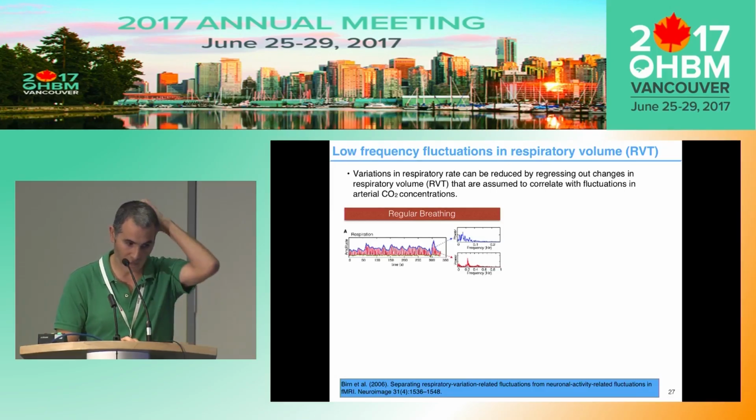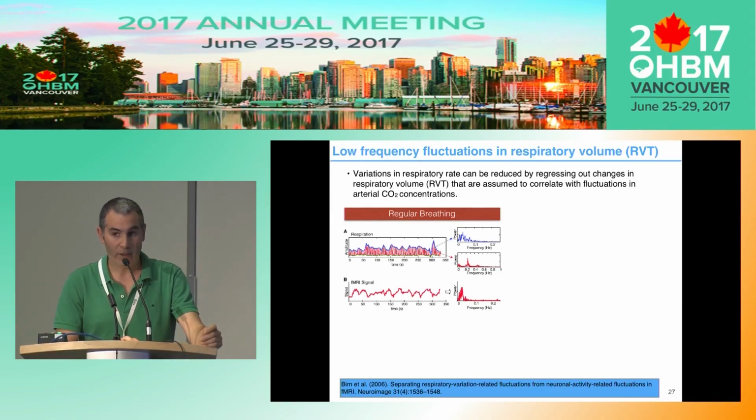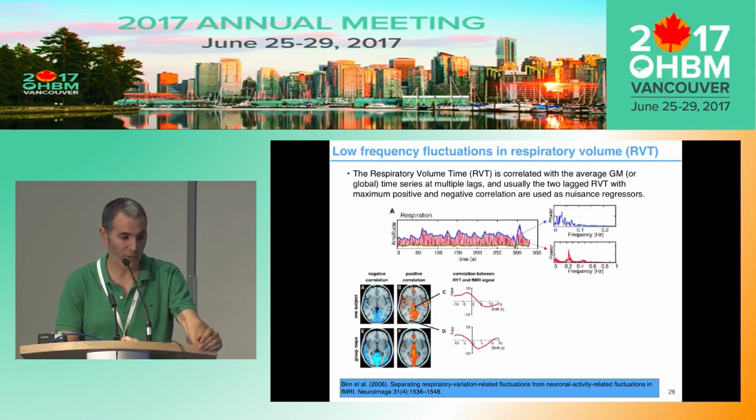You can see in the red spectrum, and that actually correlates very strongly, or could correlate very strongly, with the fluctuations of the fMRI signal. If you ask the subject to have a constant breathing, then you see that those low frequency fluctuations more or less disappear. But you don't know whether the subject has a regular breathing or a constant breathing.